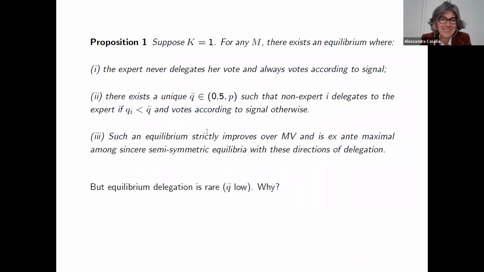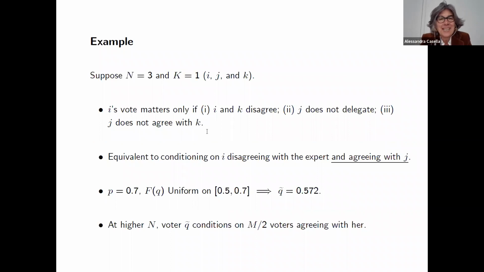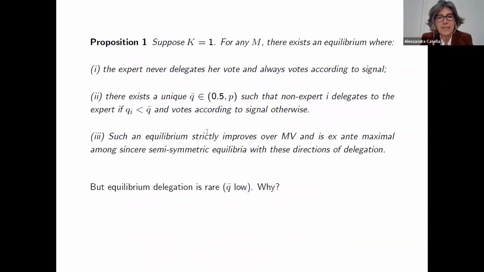Thank you, Santiago. So let me show the example that we were discussing a second ago. Suppose that you have three individuals. One is an expert, let's call him little k, and I and J are non-experts. Oh, before I get there, this last line here is important. Equilibrium delegation must be rare.